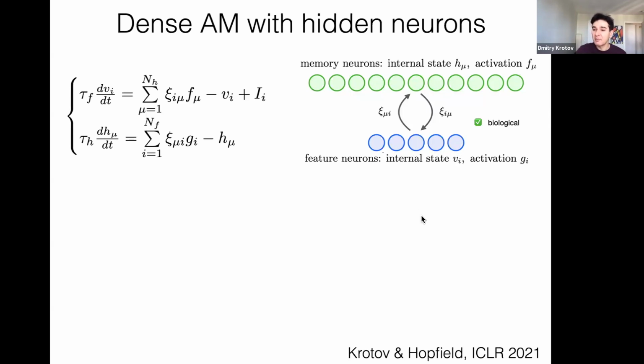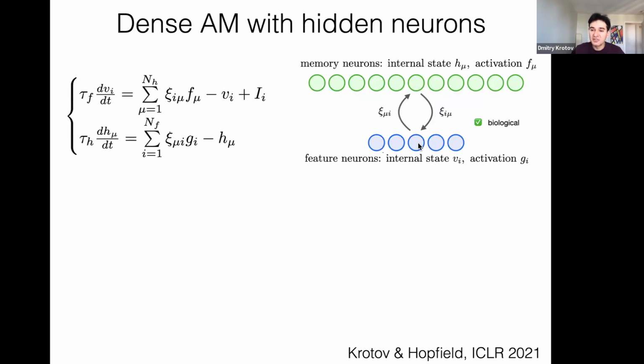And I'm going to couple them to the feature neurons in the following way. This coupling is very much in the spirit of restricted Boltzmann machines, which were also the subject of the Nobel Prize of 2024. So essentially, the blue guys would project onto the green guys, and the green guys would project with exactly the same weights back onto the blue guys.